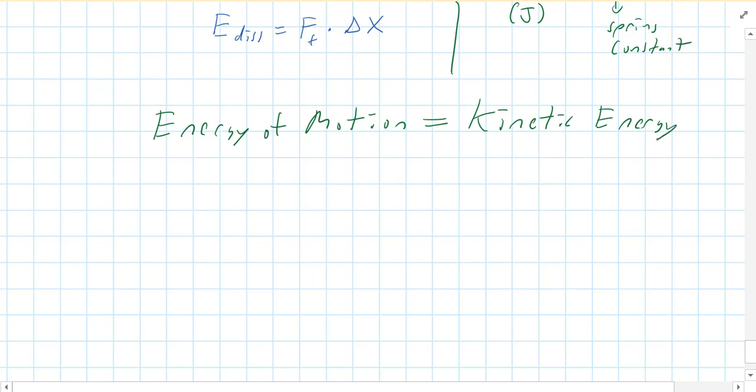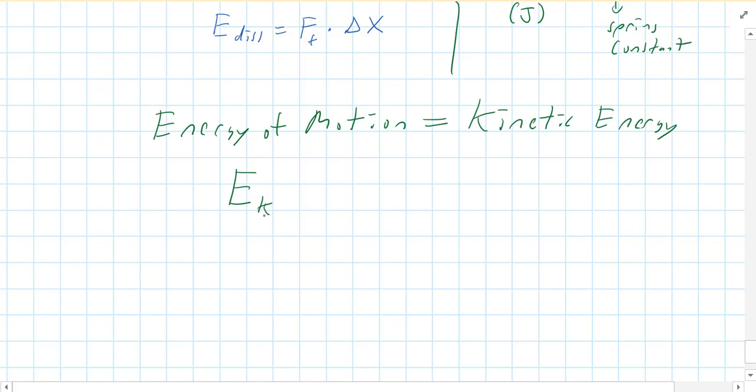And I mentioned this before, if two bowling balls are coming at you, one's going 10 miles an hour and one's going 20 miles an hour, you know that the one that's going 20 miles per hour is going to cause more damage, right? Also, if I toss a golf ball and a bowling ball towards the same speed, you know the bowling ball is going to do more damage than the golf ball. So those kind of tell you the things that are involved with kinetic energy. Kinetic means moving, so that's why we call it kinetic energy. The symbol we use for kinetic energy is E sub k, energy kinetic.